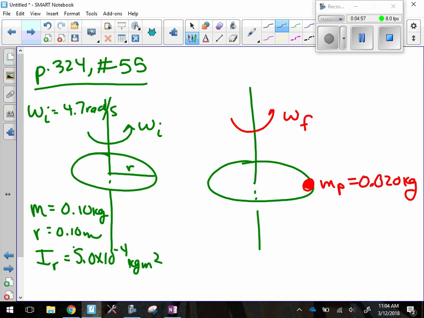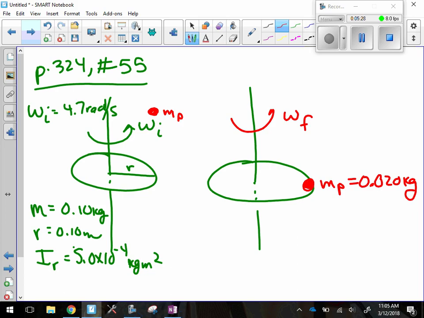How many objects are in my system afterwards? How many objects have to be in my system before? I have to include the putty, okay? Even though it's just sitting up there, not doing anything. But I can't add or subtract mass from my system. Momentum is conserved for a closed, isolated system.